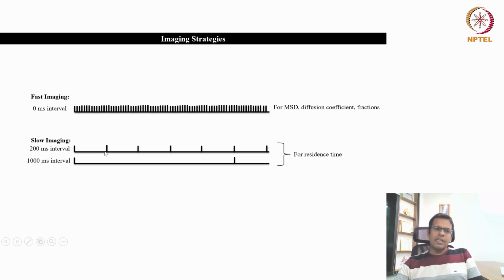If you are imaging a protein with a residence time of around 8 to 15 seconds, then maybe this 200 millisecond interval is good. But let's say your protein is very tightly bound, and its residence time is in the range of 1 minute or 2 minutes. Then in that case, you should go for the higher interval imaging. So that you need to optimize based on your protein of interest.